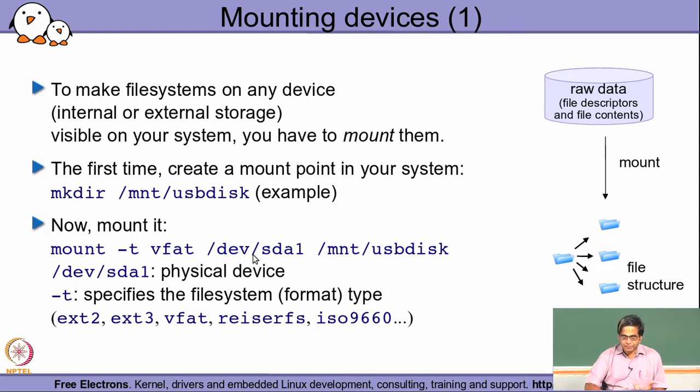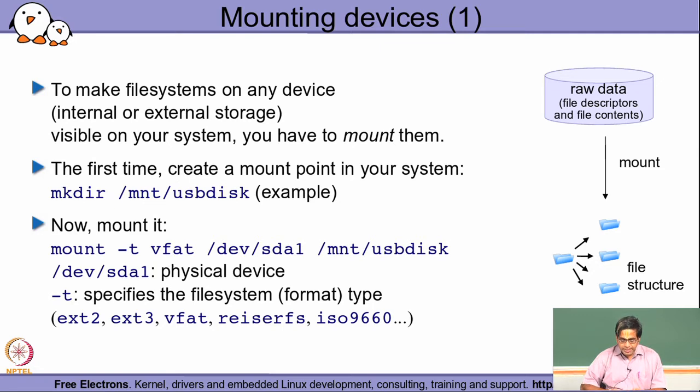So, if I had for example created an ext3 or ext4 file system on this partition, I would have appropriately mentioned that particular file system type as an argument to -t here, right. And if that was really the file system that had been created on the partition, then the mount command will be successful and I will be able to mount it.